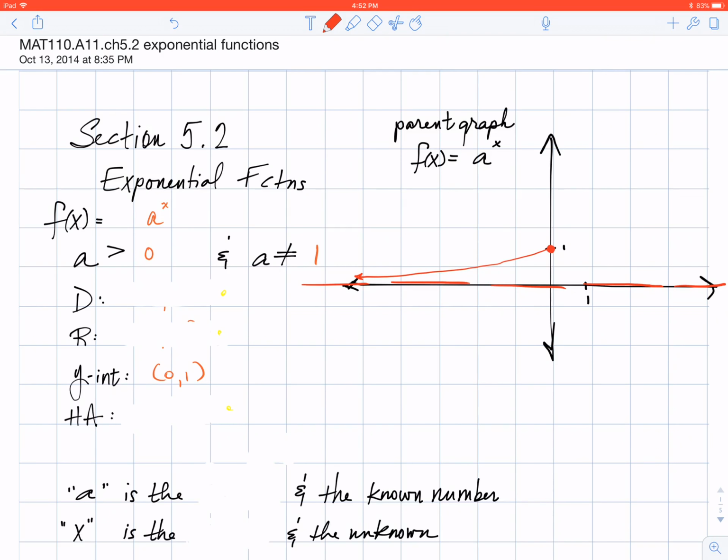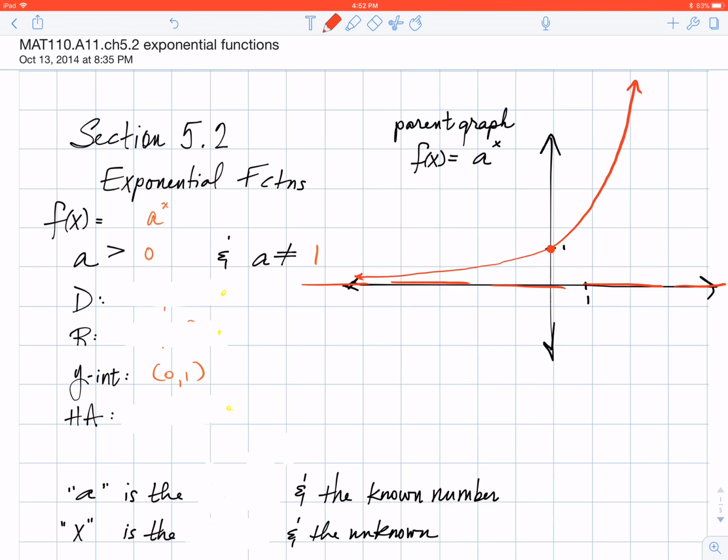On the right side of my curve, it actually almost looks parabolic, where it goes up very quickly and does not approach anything. It does not approach a horizontal asymptote. It does not approach a vertical asymptote.